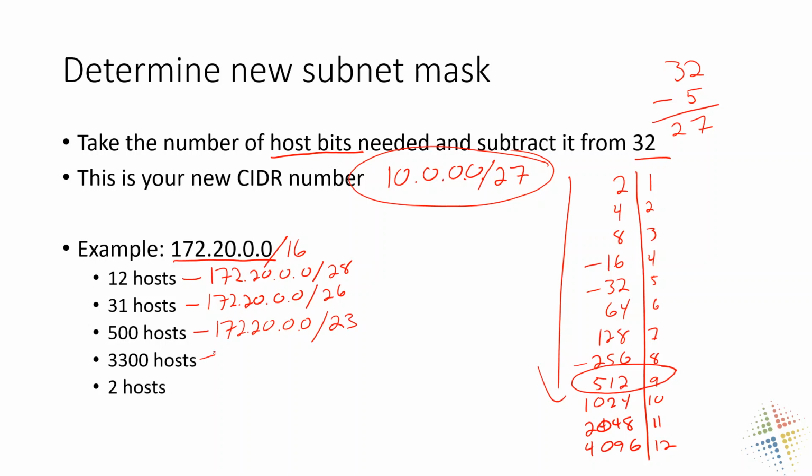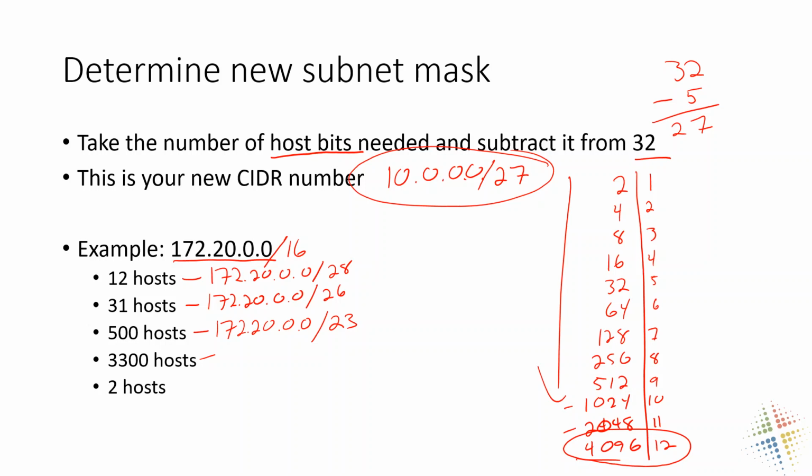3,300 hosts. Ooh, that's pretty big. Again, I go down my list here and I see, well, 1024, not enough. 2048, still not enough. 4096 is the next one. Now, if you look at that, you're going to start seeing, well, I'm wasting nearly 1,000 host addresses there.